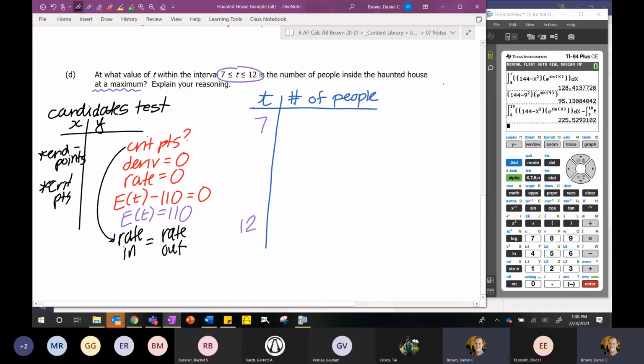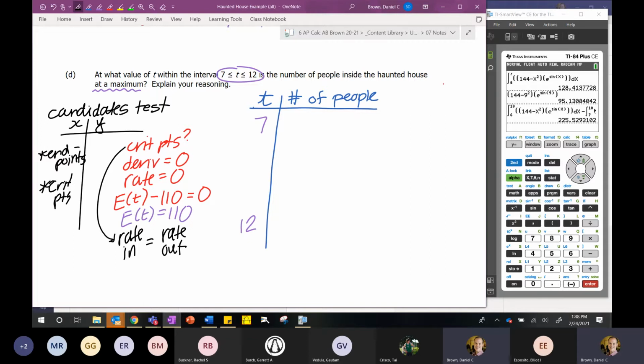You might be able to reason why that would be considered a critical point. It's kind of like the equilibrium. Before that equilibrium, it might be flowing in faster. After that equilibrium, it might be flowing out faster. So it's that balancing point where something important could possibly happen.